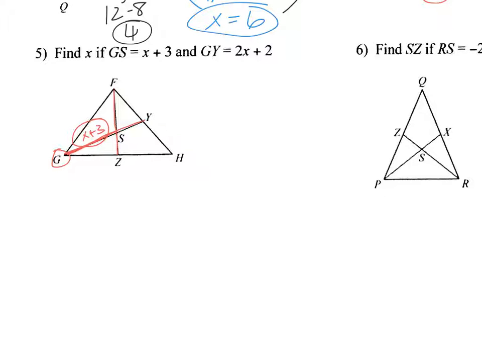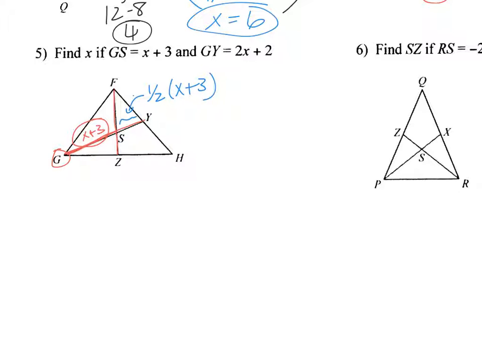So x plus 3 is twice as big as S to Y. So S to Y would be half of G to S. So SY here would be, I'm going to write it out here, 1/2 of x plus 3.